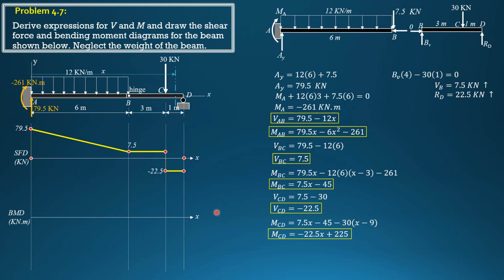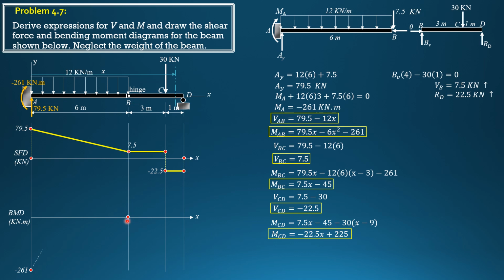Then for the bending moment diagram, for moment AB, when x is 0, it is negative 261. It starts with negative 261. Then when x is 6, because this is an interior hinge, substitute here, it should give us 0 because the moment about the hinge is 0.